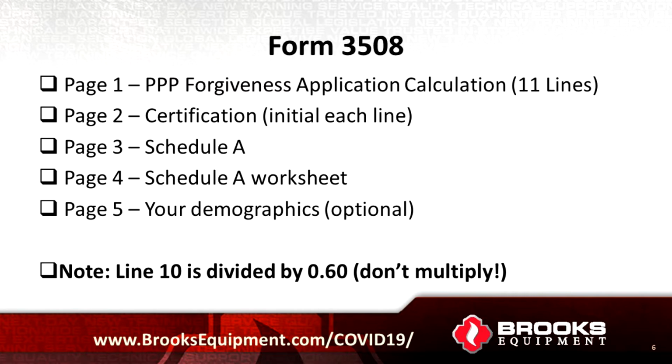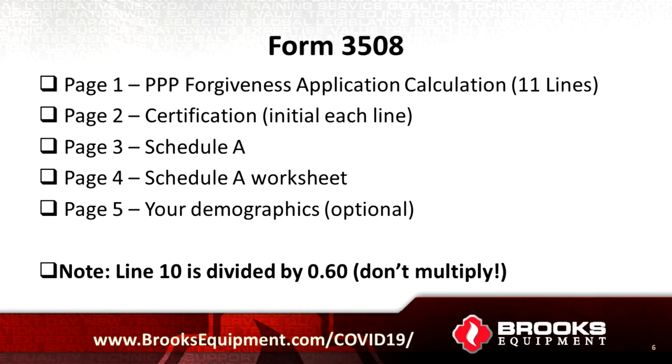Now, page 1 is the PPP forgiveness application calculation. Page 2 is the certification page, and you must carefully read and initial each of the lines. Page 3 is Schedule A. This is the page where you perform calculations, copy information from the worksheet tables, and then transfer certain amounts to page 1.